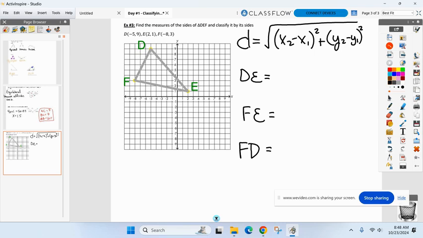Make sure your X's are together, your Y's are together. Don't drop a negative sign on one of the numbers.